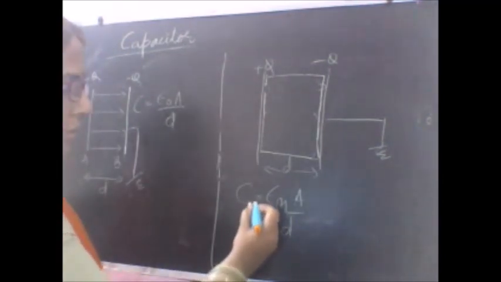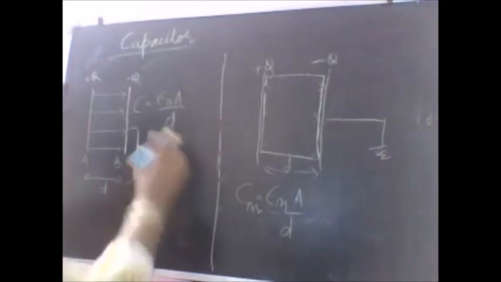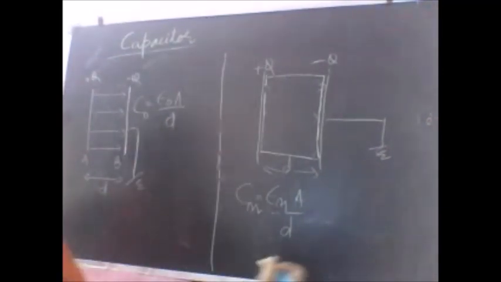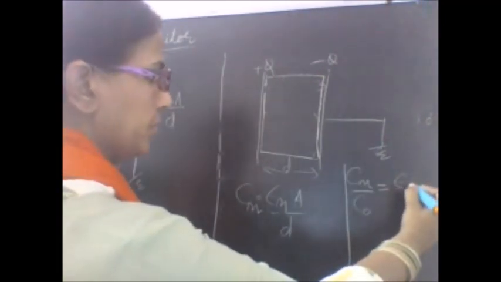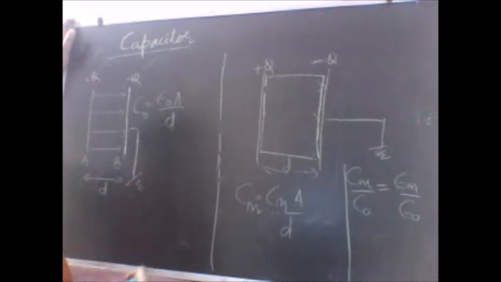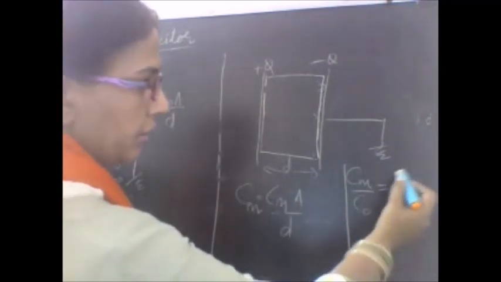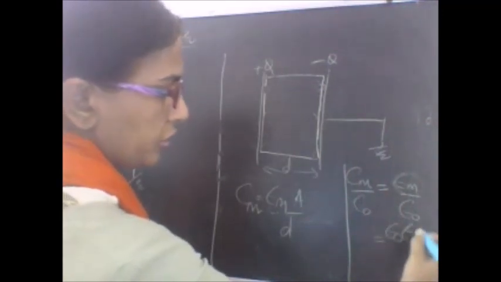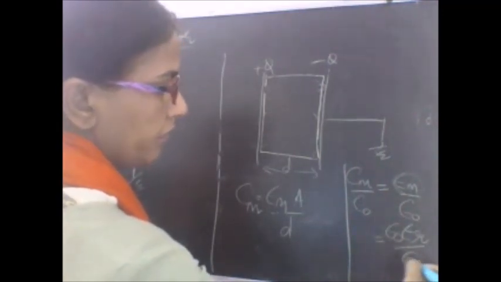And if I just compare the two formulas, divide the two formulas, what will I get? I will get epsilon m divided by epsilon naught, and this term in the numerator is epsilon naught into epsilon r divided by epsilon naught.